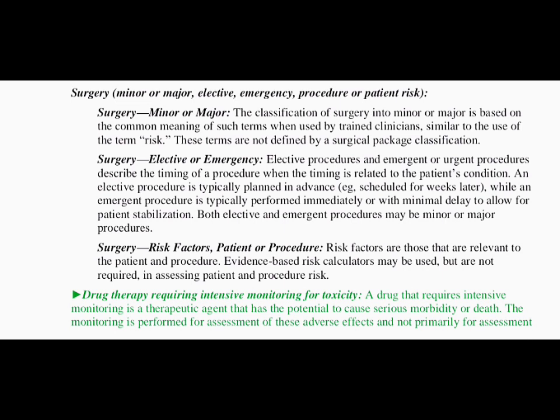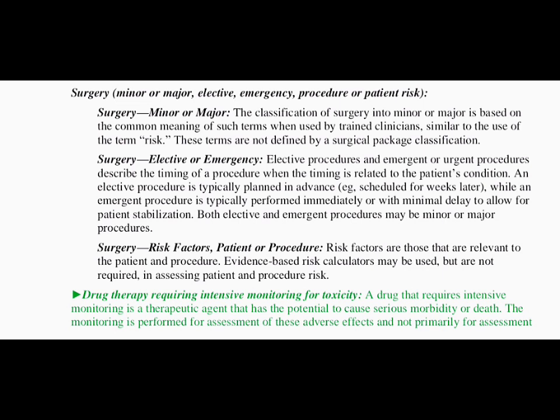Surgery, minor or major, elective, emergency, procedure or patient risk. Surgery, minor or major. The classification of surgery into minor or major is based on the common meaning of such terms when used by trained clinicians, similar to the use of the term risk. These terms are not defined by a surgical package classification. Surgery, elective or emergency.